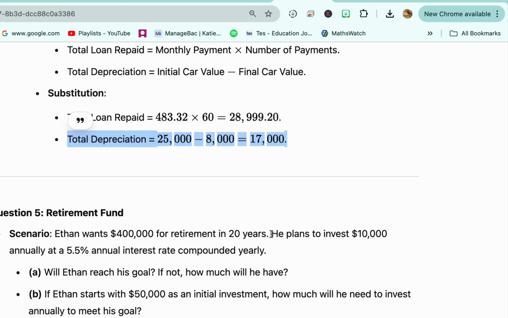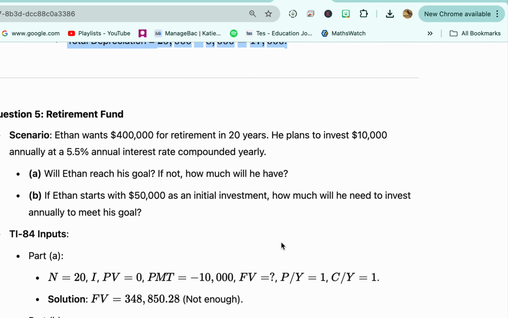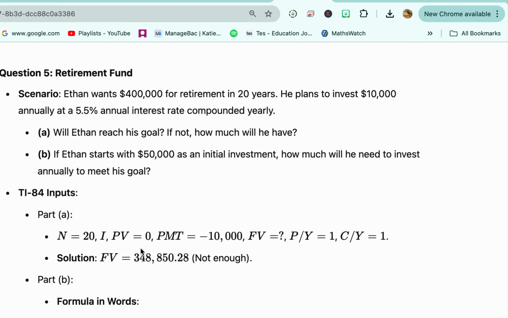Ooh, this question, interesting. He wants to plan for retirement. So this time we are going to start off with a PV of 0. So this is an annuity fund, and I've sort of briefly discussed this, but not in depth. So with an annuity fund, you will start with 0, and then basically you want to build up the fund.